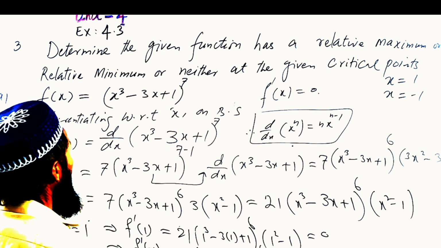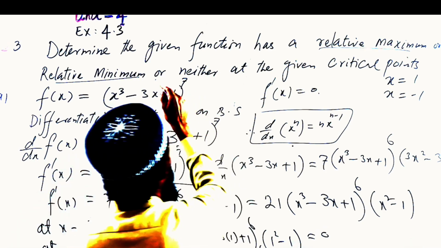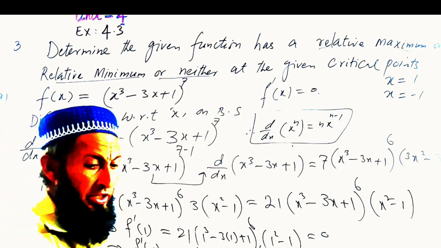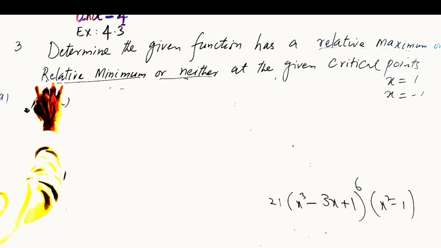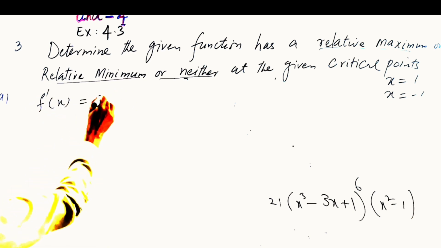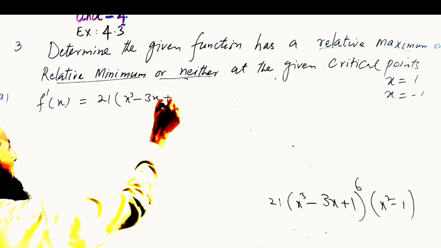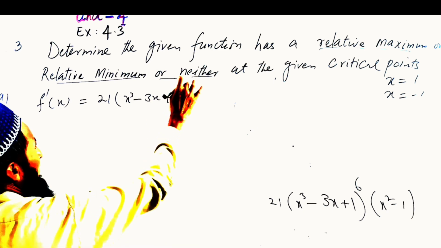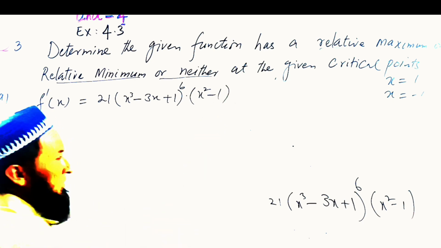Now we want to check whether it is a relative minimum, relative maximum, or neither. So now we need the second derivative. f'(x) = 21(x³ − 3x + 1)⁶ (x² − 1).